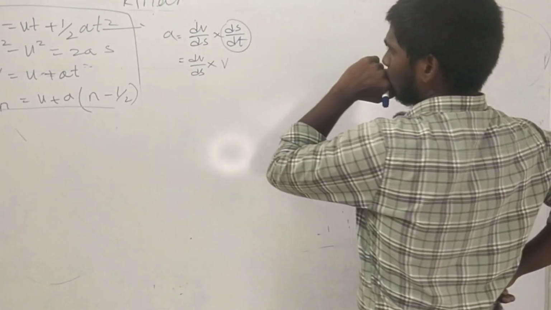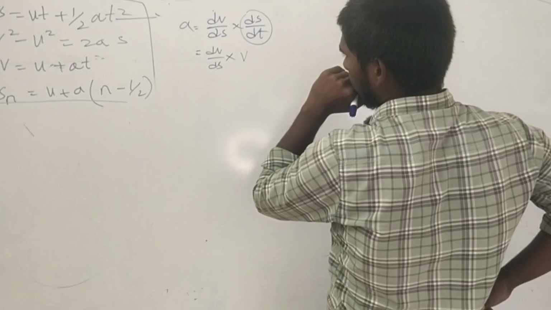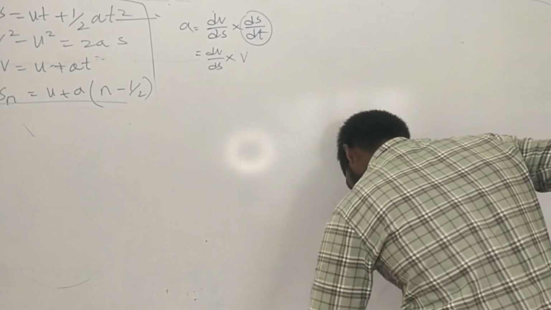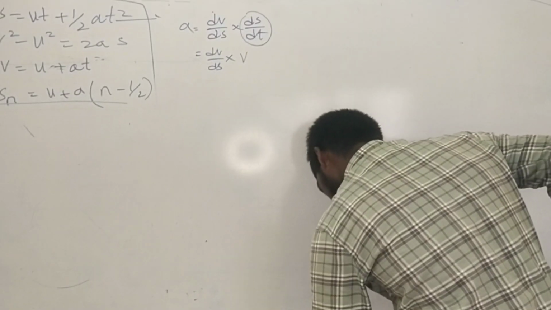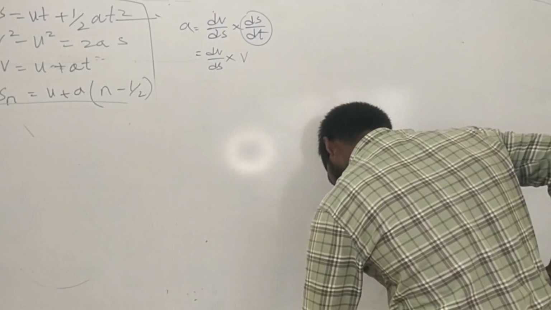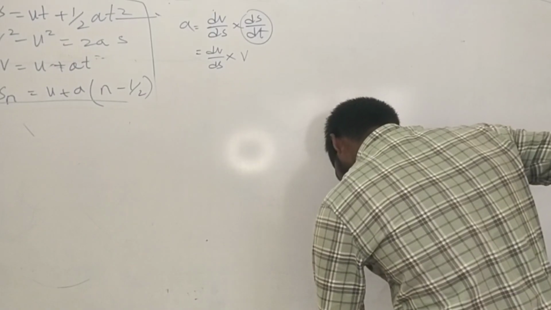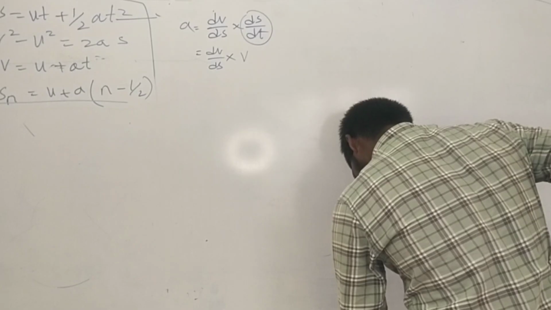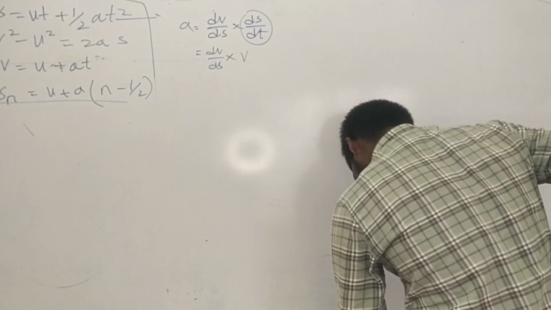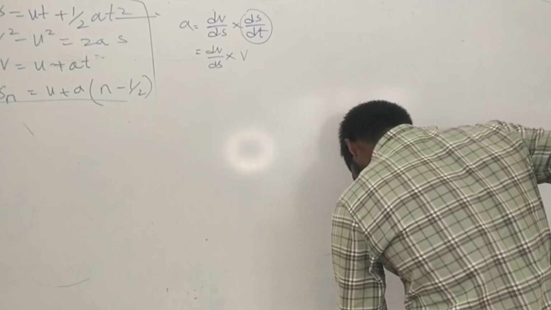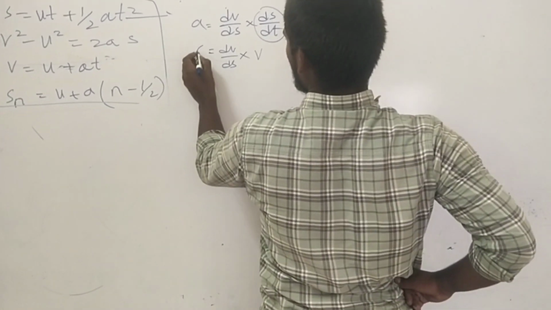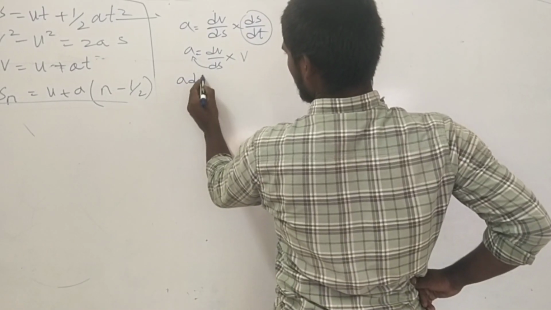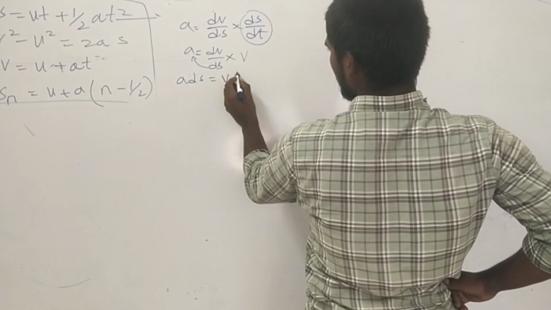Just a second. Okay, this is the acceleration, right? If you bring this ds to this side, this should be a ds is equal to v dv.